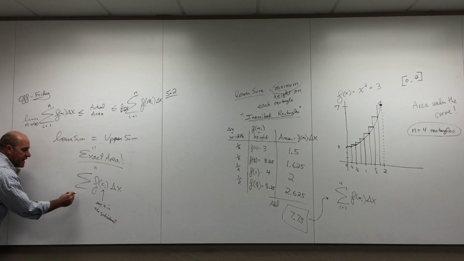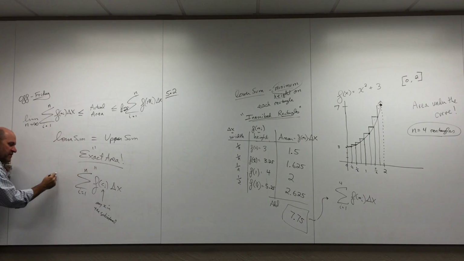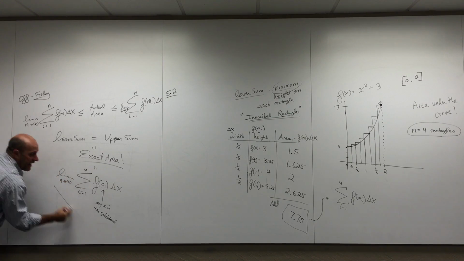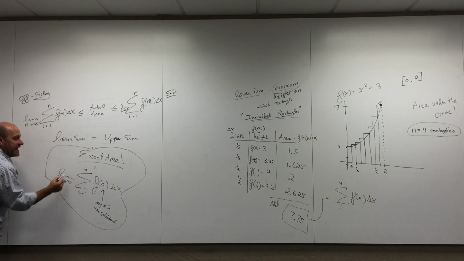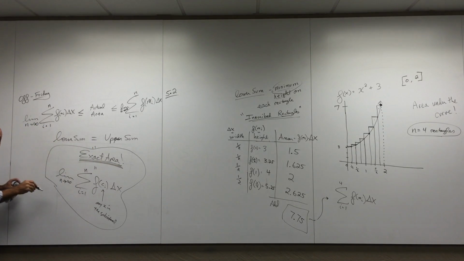You do this to n. You're doing n rectangles, but then you're taking the limit as n goes to infinity, and this is exact area, exact area. No more error.